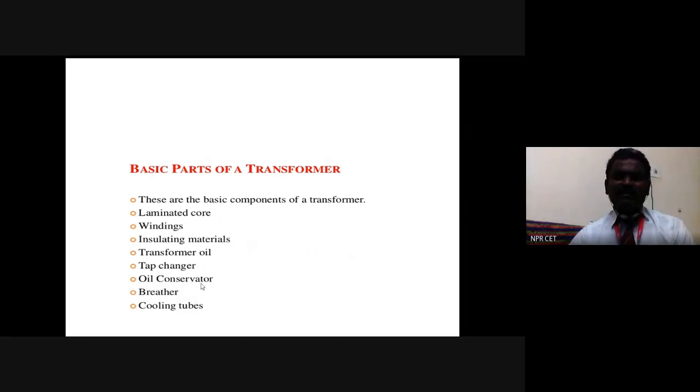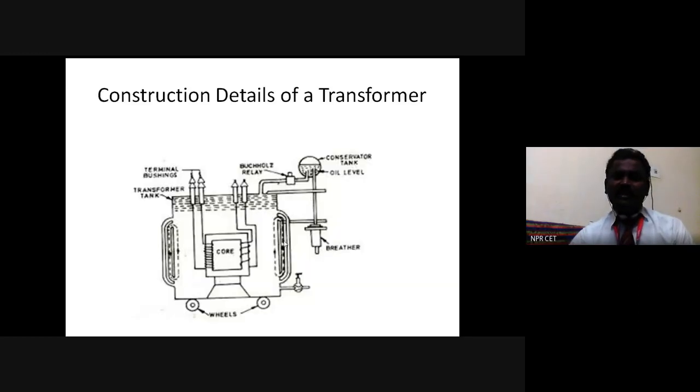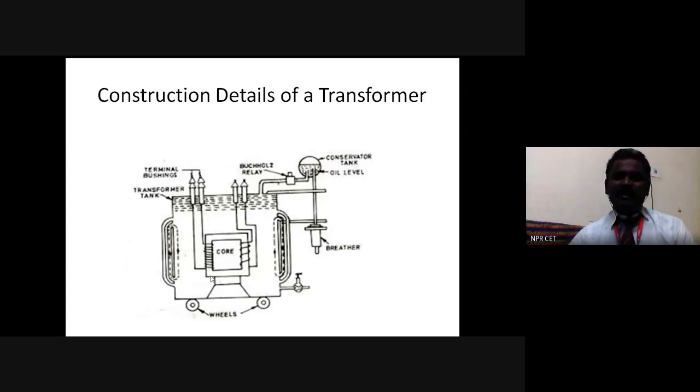Then the oil conservator. At the time of load, the temperature rises and the oil expands, so the excess oil goes to the conservator tank, right? Then the breather. The breather only permits dry air. If the breather permits wet air, the transformer oil loses its dielectric property.